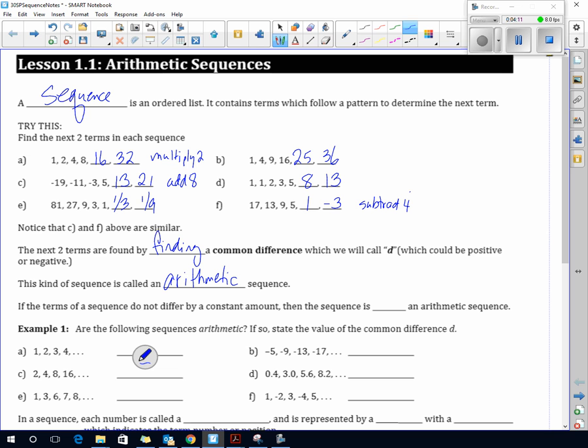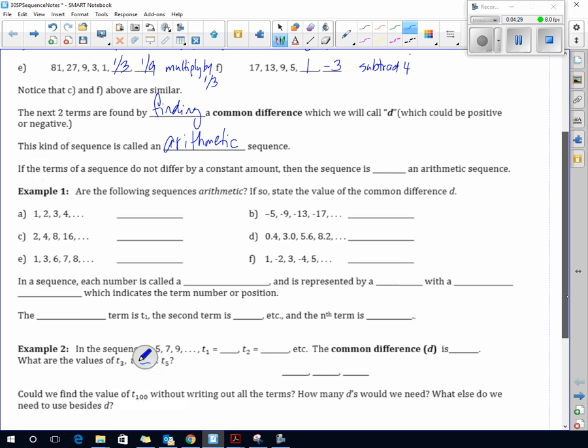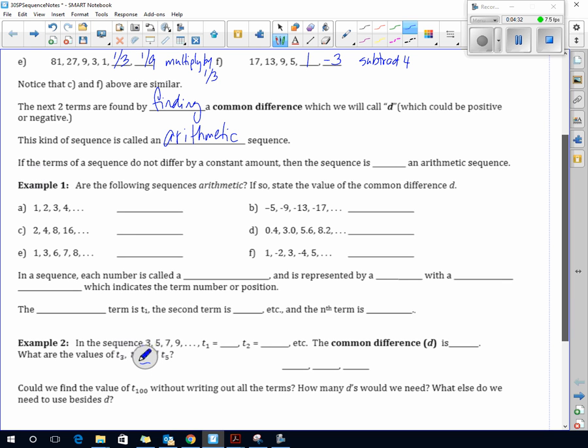And this one we already did, so a Fibonacci. Okay, so if the terms of a sequence do not differ by a constant amount, then the sequence is not an arithmetic sequence. So half the battle is knowing what kind of sequence it is.